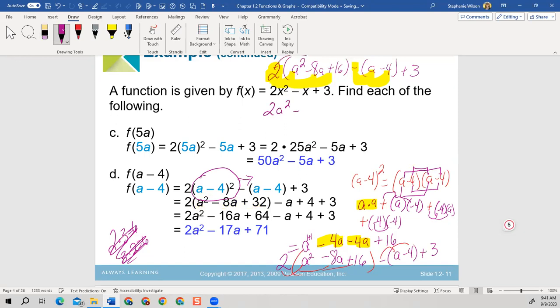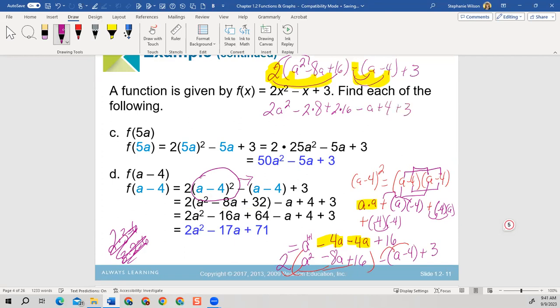It's a positive 2 times that negative 8. So 2 times that negative 8, I'm going to go ahead and write it like that. Plus 2 times that 16. I'm doing an extra step. You do not have to. Negative times positive is negative. Negative times negative is positive.